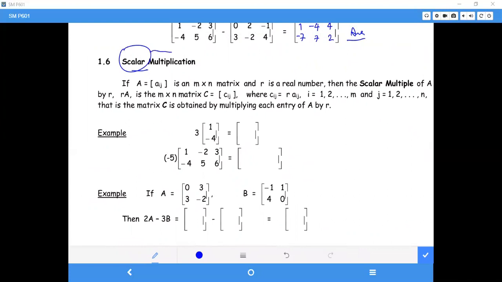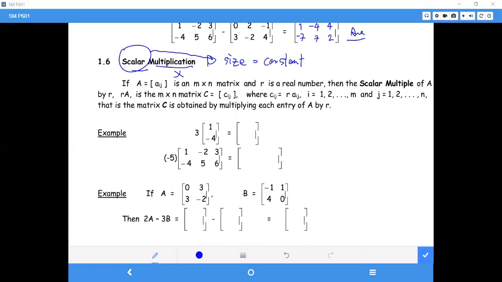So when we talk about something scalar, we talk about the size, and it means just a constant, a size, a number, something like that. Multiplication means multiply, so the meaning of this is multiplying a number inside a matrix.